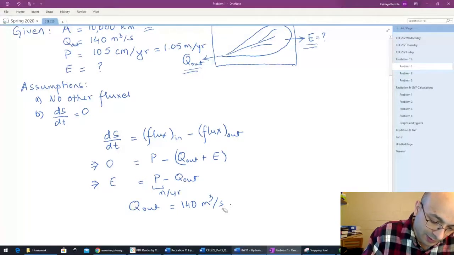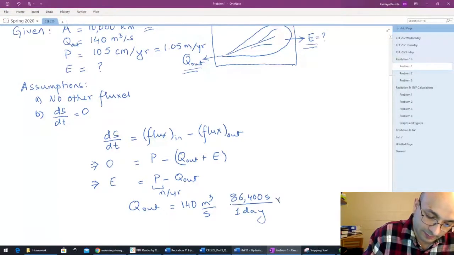Let's take care of the time units first. In one day we have 86,400 seconds. In 1 year we have 365 days.